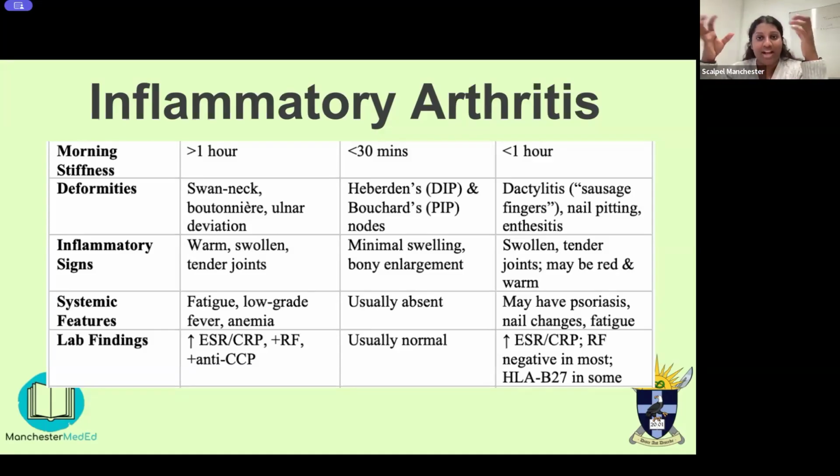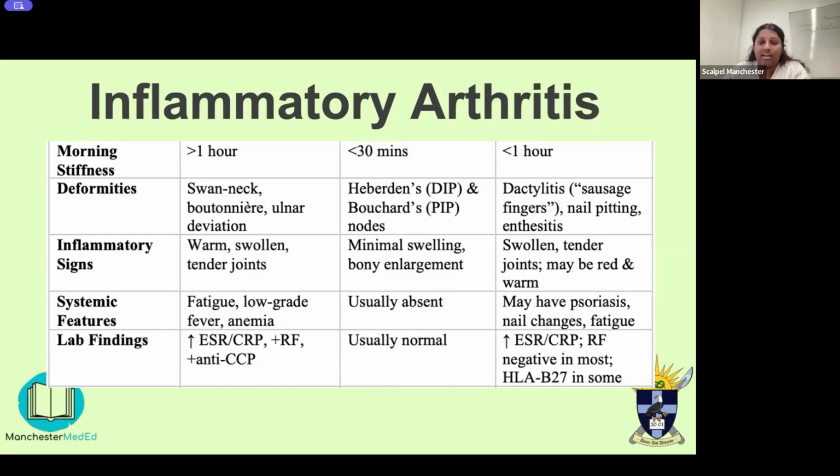The way to move swelling out is by moving those joints. That's why rheumatoid arthritis gets better later on in the day, whereas osteoarthritis gets worse later on in the day. If you want to think about it, at the end of the day you're moving more, so you're going to be getting more and more friction in those joints, so it's going to hurt more. Whereas in the morning, you've been sleeping and everything's just chill.